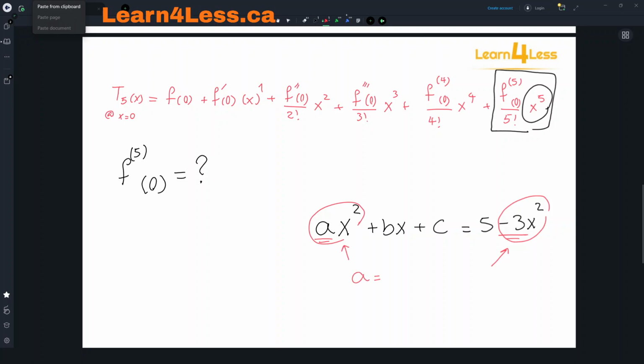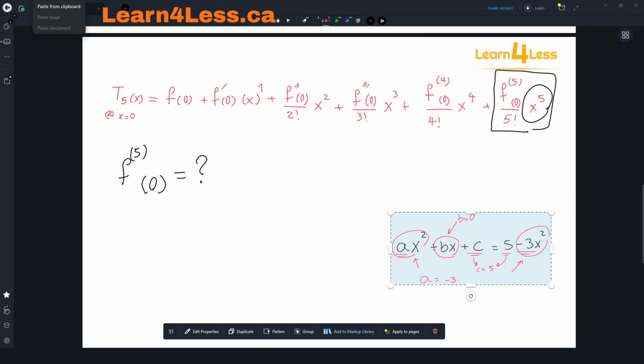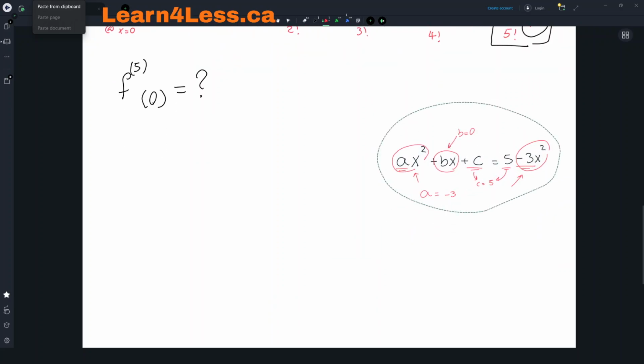Here I have bx, and on the other side I don't have any x, so b is equal to 0. And here I have just one constant, which should match the 5, so c is equal to 5. So we are just matching the same degree of x terms with each other, and from there we can find the coefficients. Just a side note.